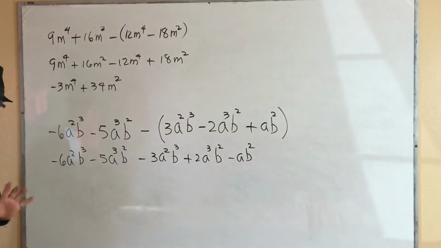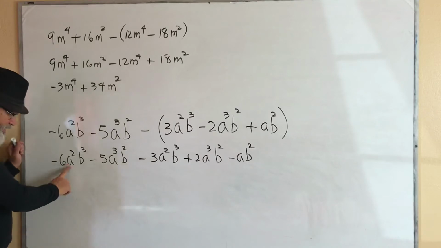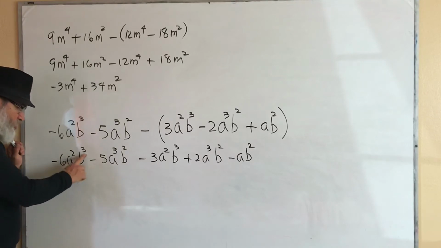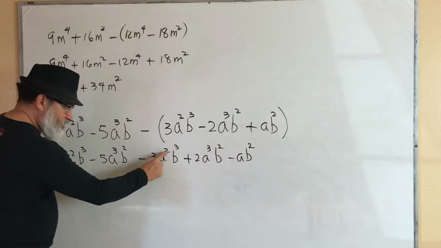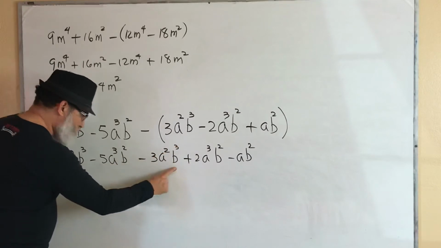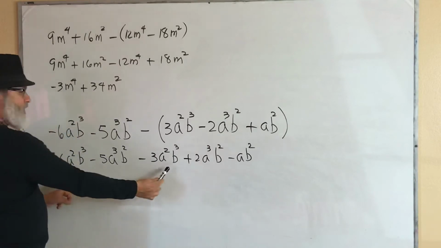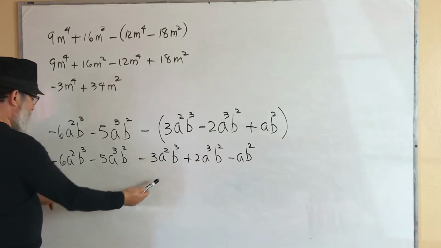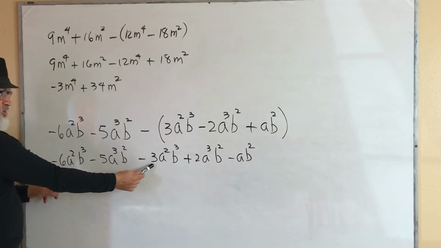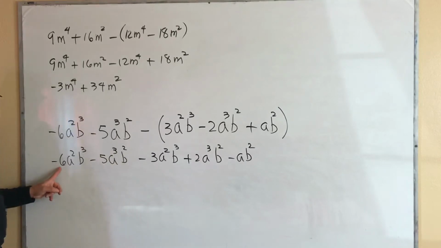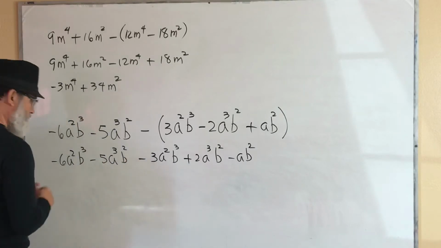Okay, like terms. This has a squared b cubed, and this one has a squared b cubed. So this term and this term are like terms. I'm going to add those two. I just add their coefficients. What's negative 6 plus negative 3?